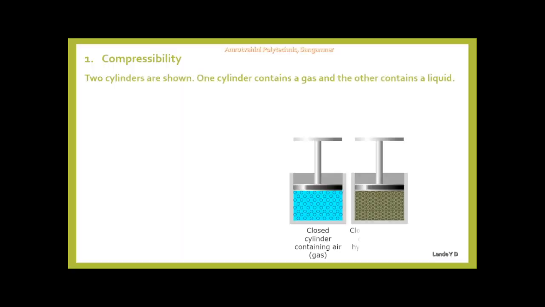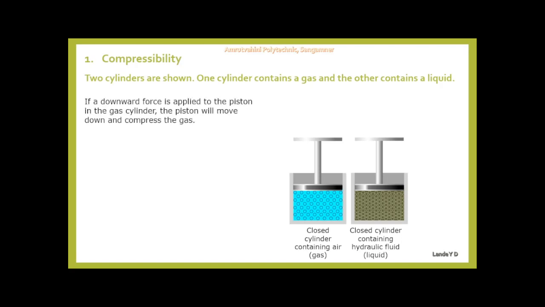1. Compressibility. Two cylinders are shown in the figure. One cylinder contains a gas and the other contains a liquid. If a downward force is applied to the piston in the gas cylinder, the piston will move down and compress the gas.